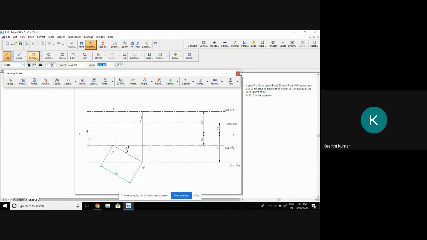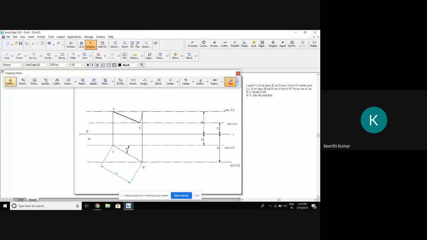Join this. If I join this now, what is the name of this one? This is called apparent length, Q dash. Then what is another concept?